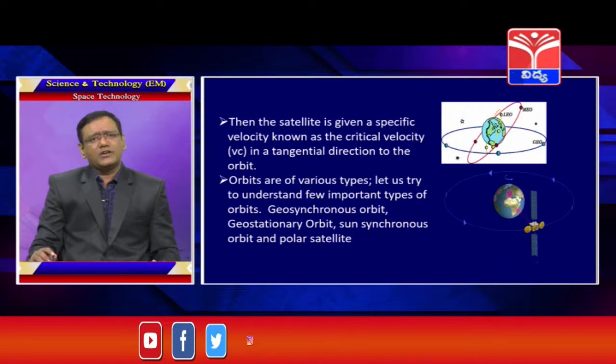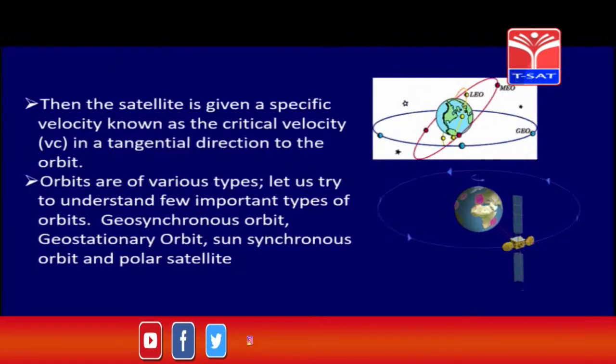If it wants to move around the Earth, the satellite should be given a specific velocity in a tangential direction to the orbit, and that velocity is known as the critical velocity. Critical velocity is the velocity required to keep the satellite in that particular orbit.